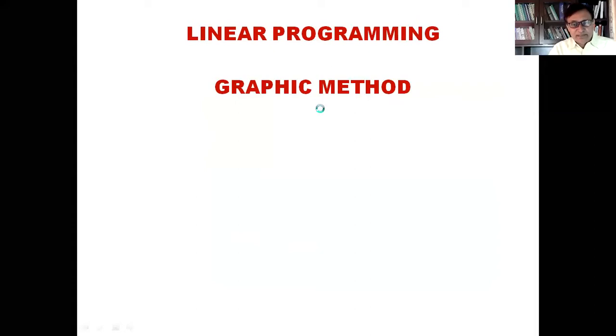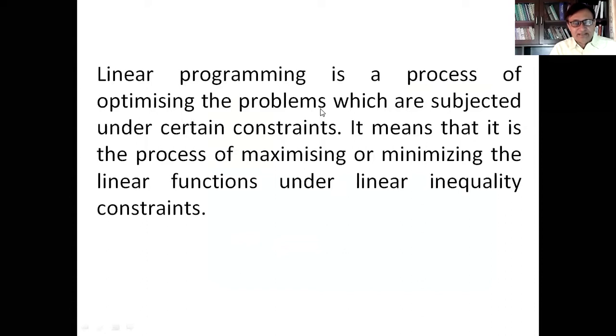So linear programming, first of all, we have to define it, as I have already said many things about it. Basically, linear programming is a process of optimizing the problems which are subject to certain constraints. As I have already told you, while working under limited resources, you have to achieve your objectives.